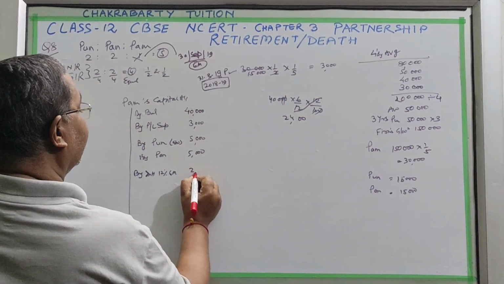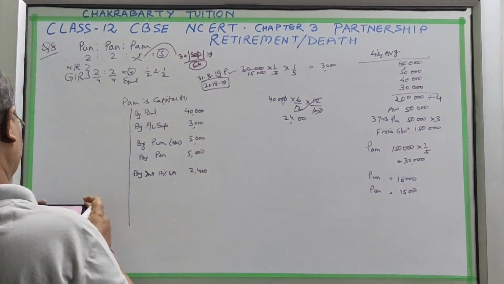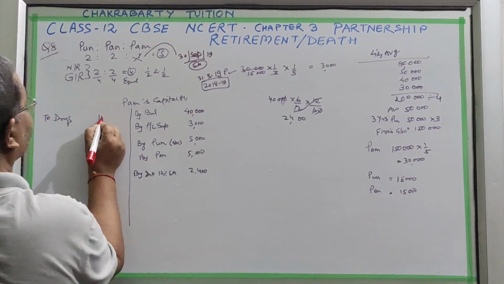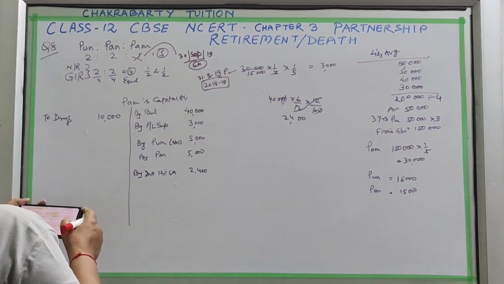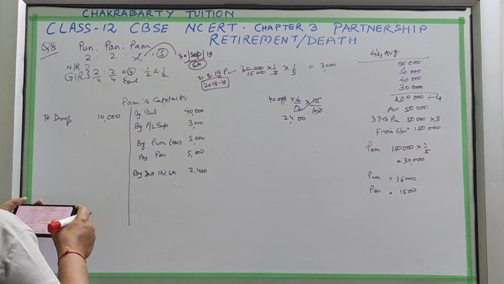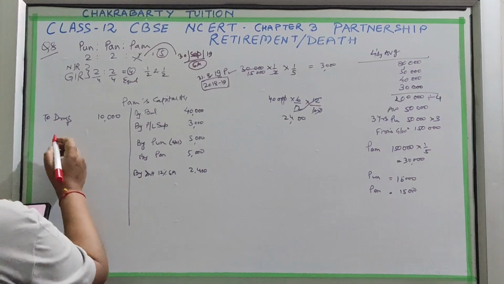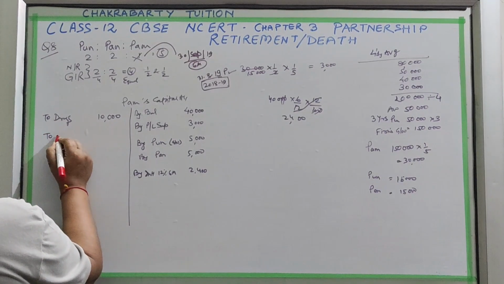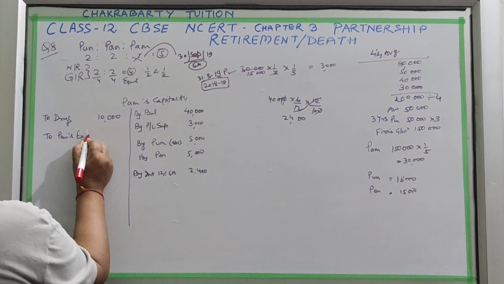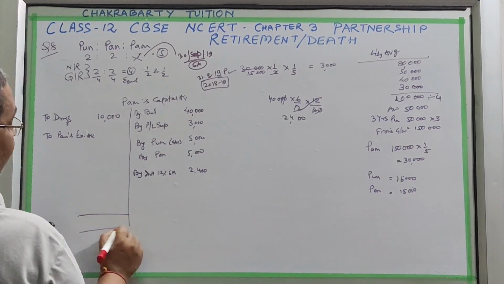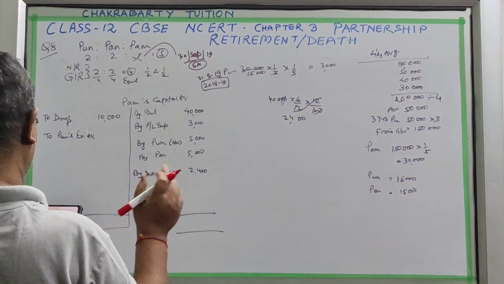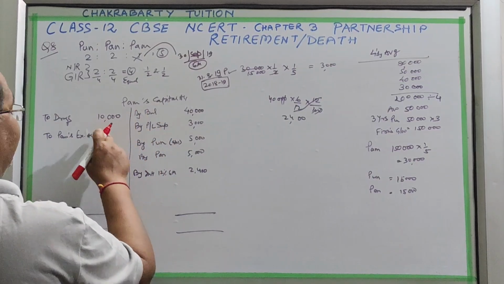This will be his interest on capital, and he has also withdrawn drawings of 10,000. Surviving partners agreed that it should be paid to the executor. So here nothing we can pay. Whatever the balance is, we will transfer to Pammi's executor's account, because Pammi is not alive to take the payment.